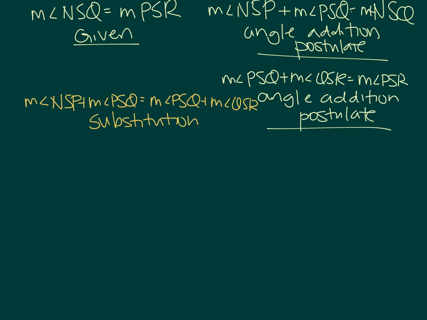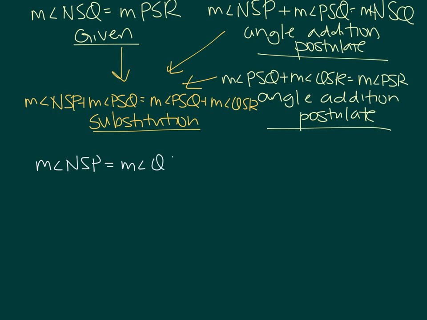So for us to get to this point, I had to use this idea and this idea. Now from there, I can see that I have the measure of PSQ on both sides. So if I subtract that, I see that I have the measure of NSP equal to the measure of angle QSR. And that's by subtraction. All right, so I had to use this idea to feed that guy.